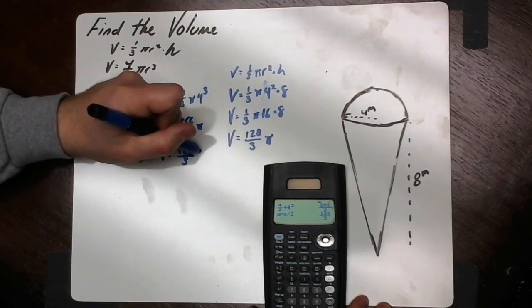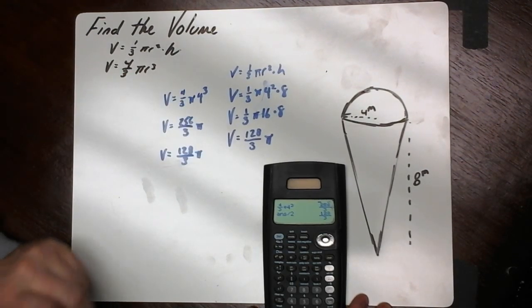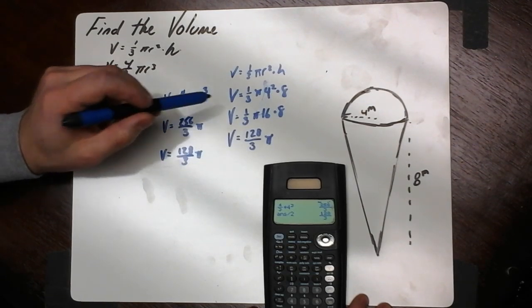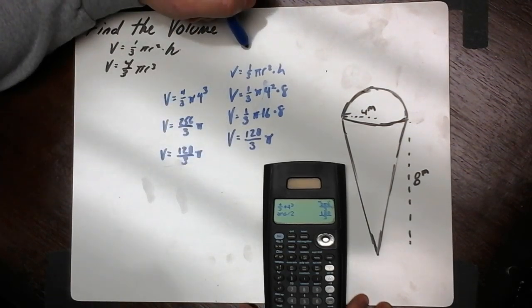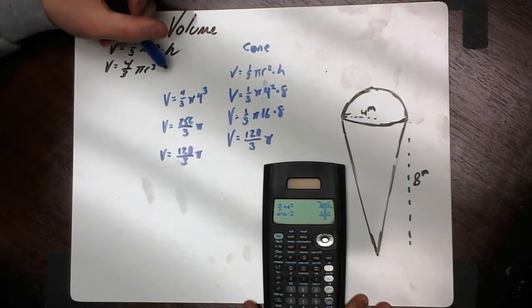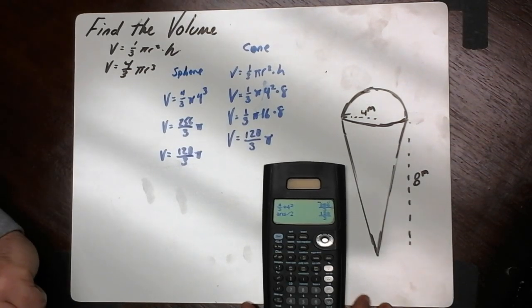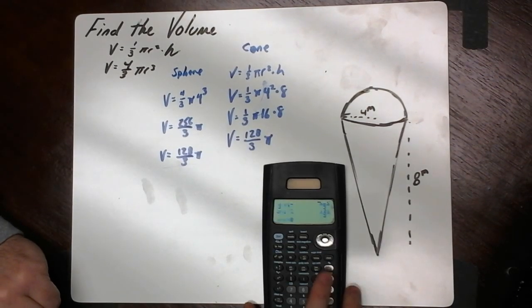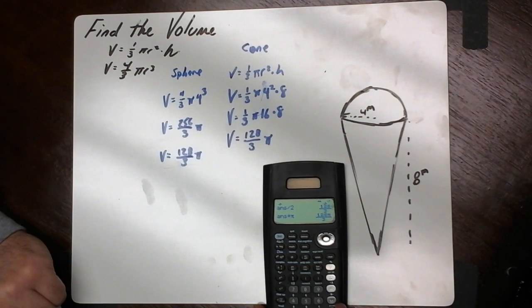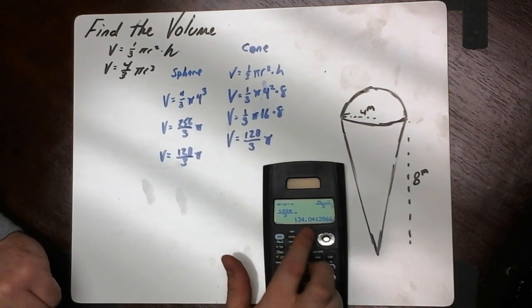Okay. Hear me out here. Right now, I have to add 128 over 3 and 128 over 3, right? This is the cone, and this is the sphere. If I multiply that by pi and hit that, I gotta deal with this decimal.